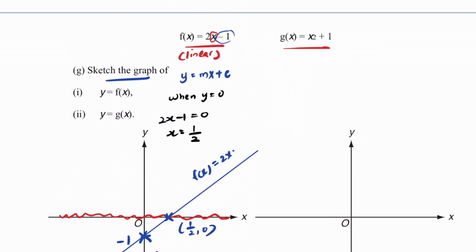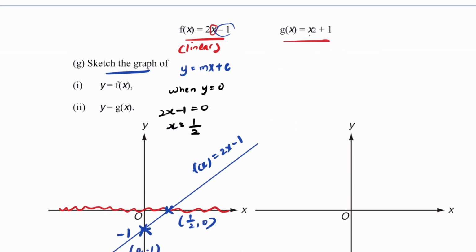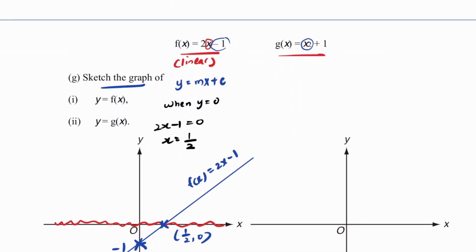Now for the graph of x squared plus 1, you should be able to see the lowest point. By recognizing the pattern, this should be a curve for sure, and it's a minimum curve, meaning it must have a lowest point.